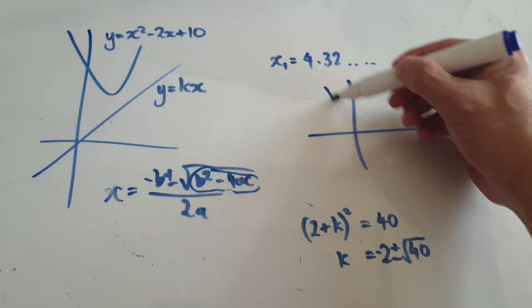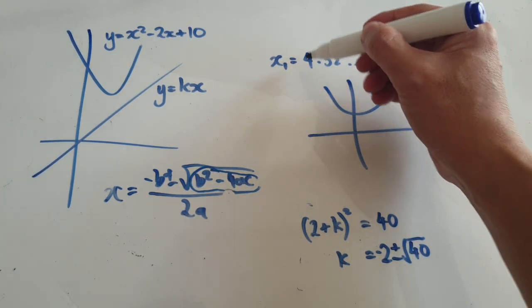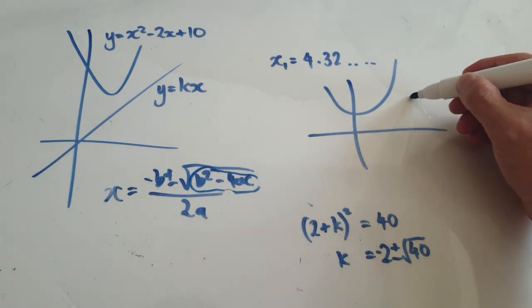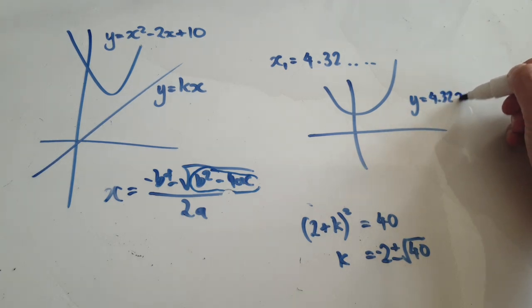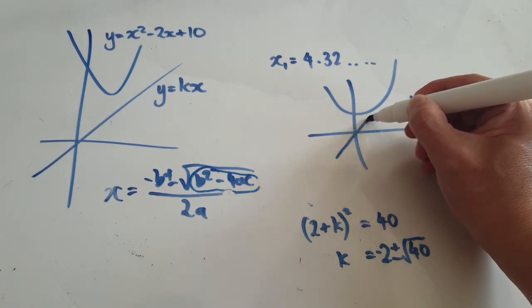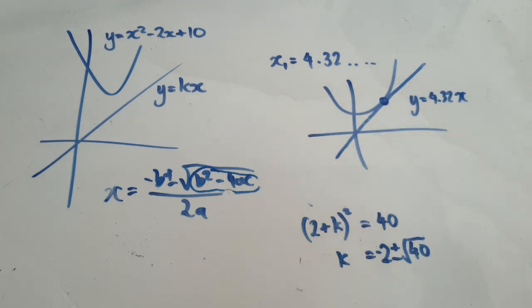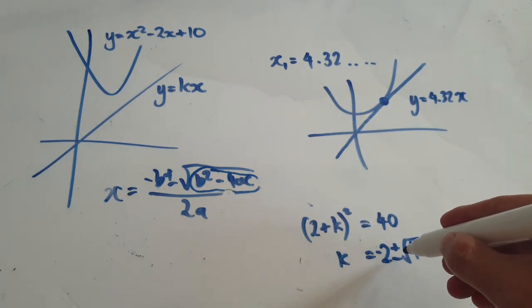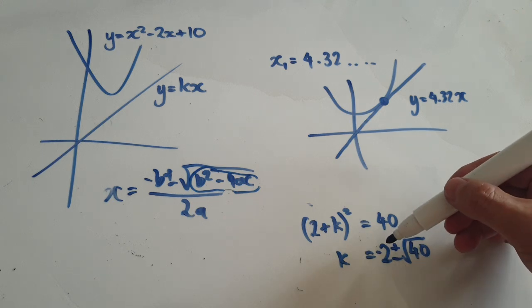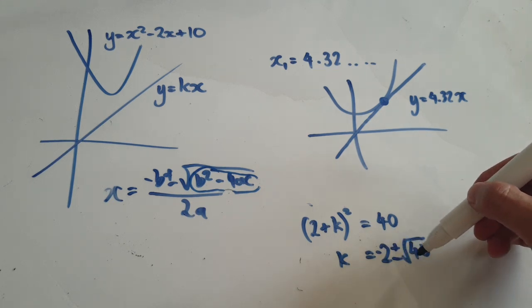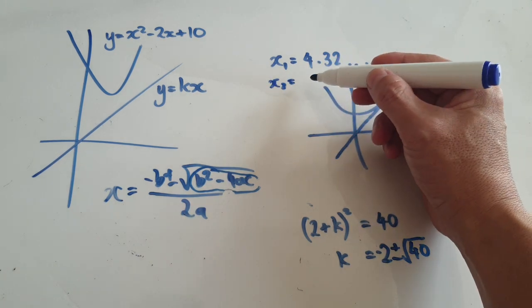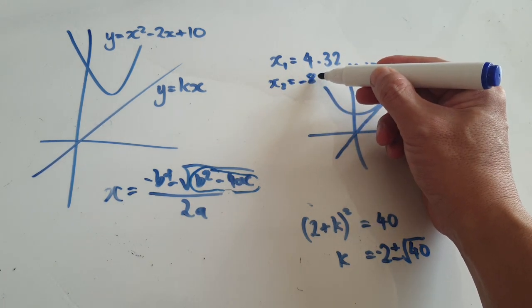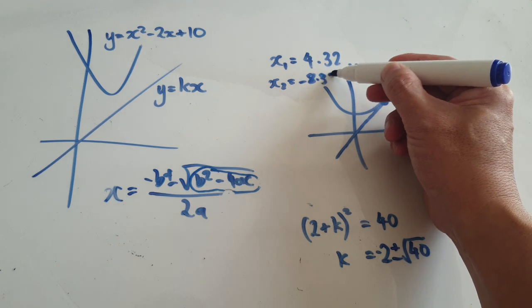So you've got your quadratic. When k is this amount, so when you have y equals 4.32 blah blah blah x, then you have one solution. But then if you look at this, there's a negative version as well. So if you jump to your calculator and punch in negative 2 minus root 40, it turns out to be another solution. k equals negative 8 point roughly 32.